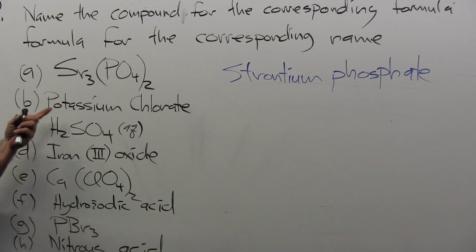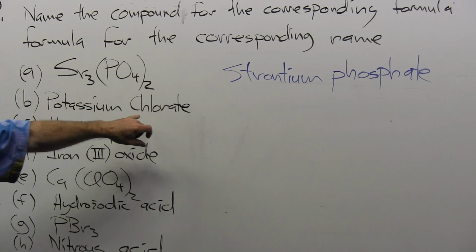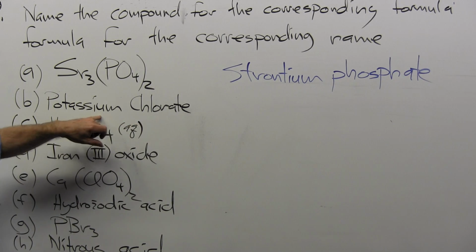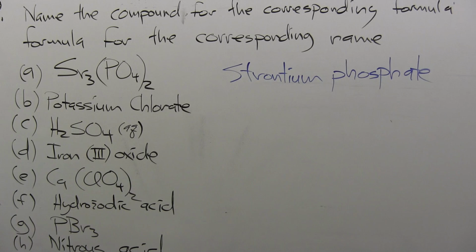Now, the second compound, I'm given the name and I have to write the formula. Again, this is a salt, potassium chlorate. Well, potassium, self-evident. It is a group 1 metal, it's fixed charge, so I've got potassium, and I've got the chlorate ion. This is an oxyanion.